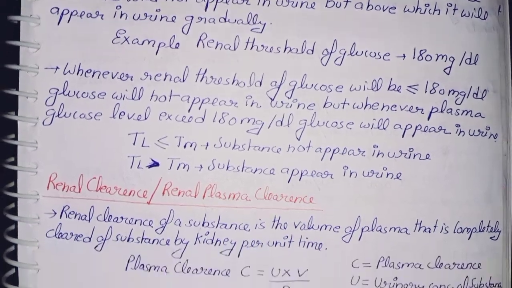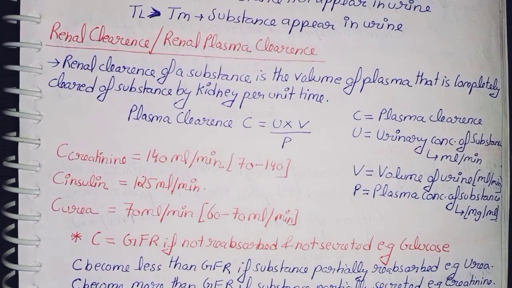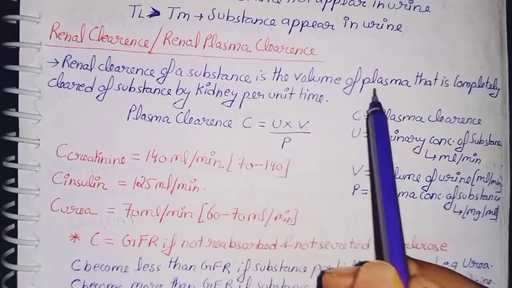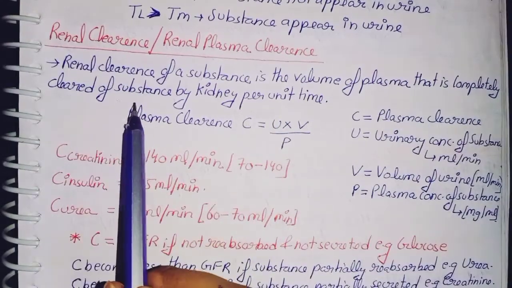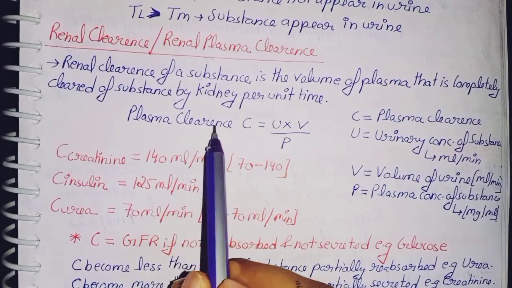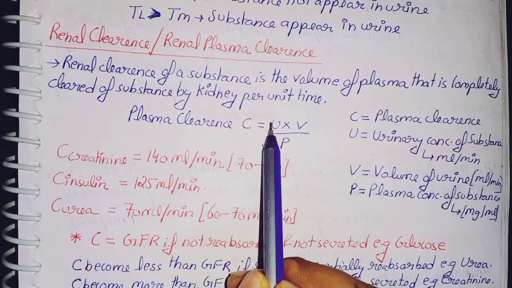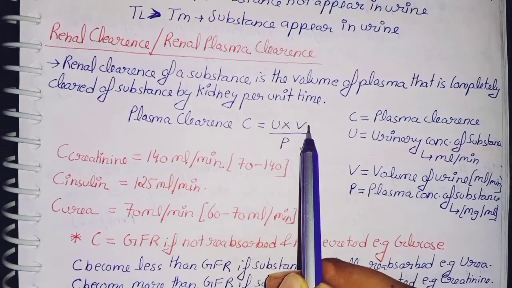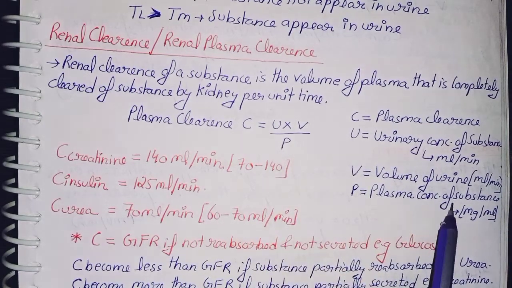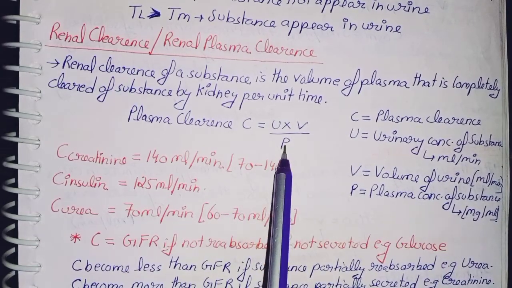So now coming to renal clearance or renal plasma clearance. Renal clearance is the volume of plasma that is completely cleared of the substance by the kidney per minute. Its formula is plasma clearance, represented by C, equals urinary concentration of substance times volume of urine in ml per minute, divided by plasma concentration of the substance in mg per ml.